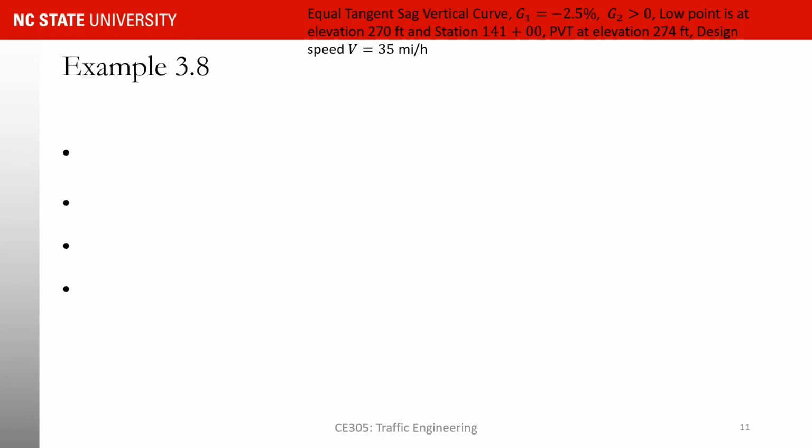Okay, we have determined the value of B. It is equal to G1, and now we want to find the value of A. If you remember, A is equal to (G2 minus G1) over 2L.